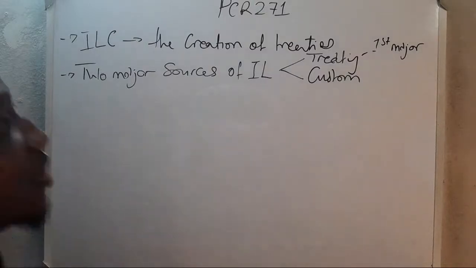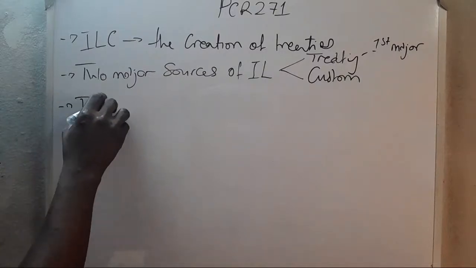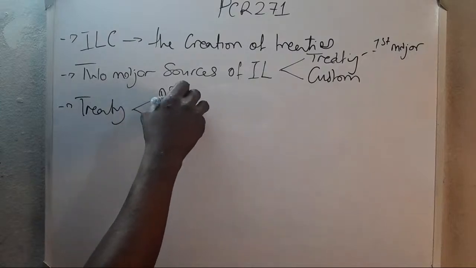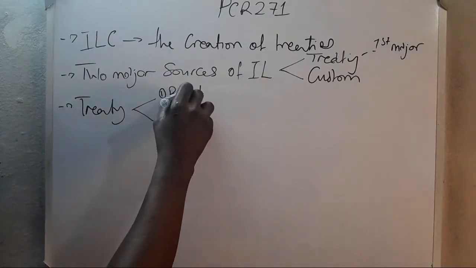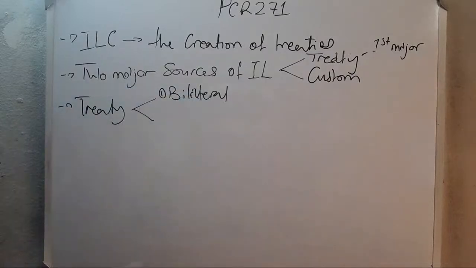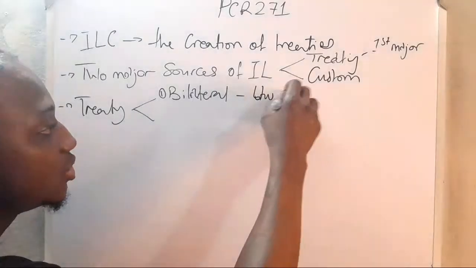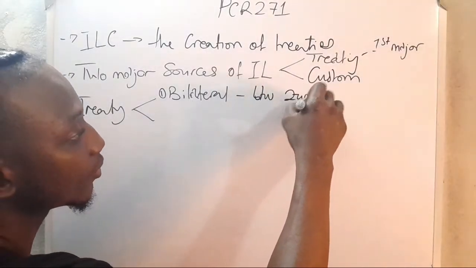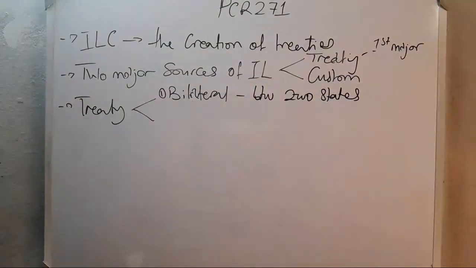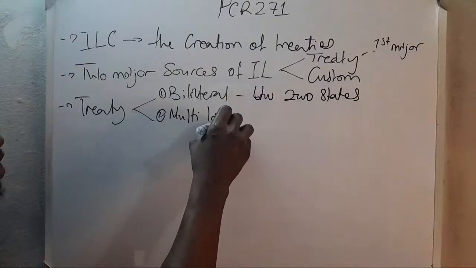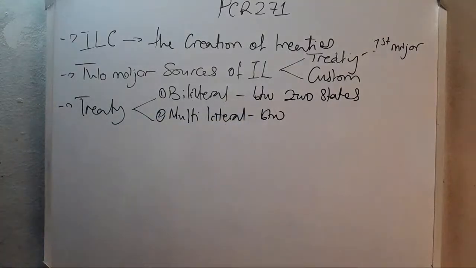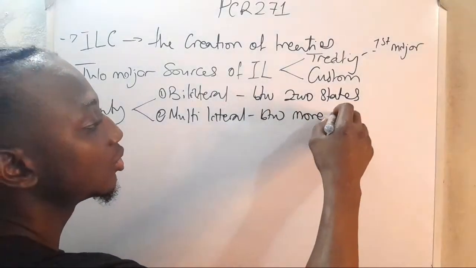Bilateral, which is said to be between two states, and multilateral, which is between more than two states.